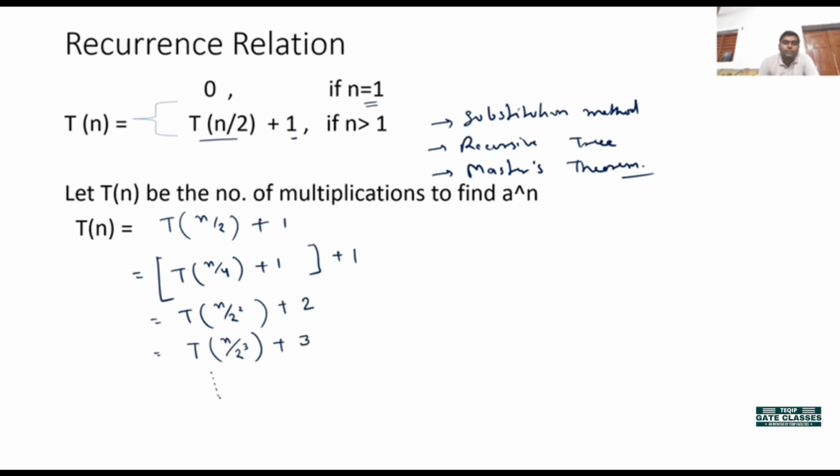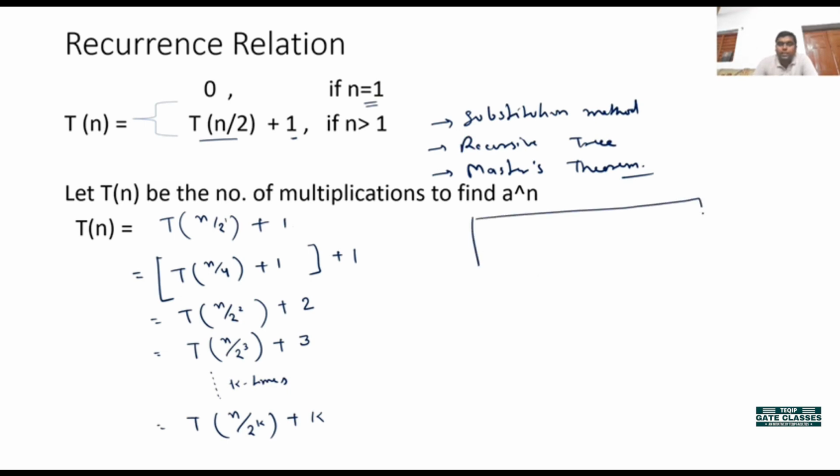So repeat this for k times. Let us suppose k times. So this will result as T of n upon 2 raised to the power k. And here see, here it is 2 raised to the power 1, so it is 1. Here 2 raised to the power 2, it is 2. We are repeating k times, so n upon 2 raised to the power k, so it will be k. Okay, so now observe very carefully.